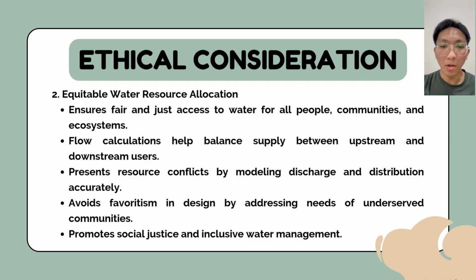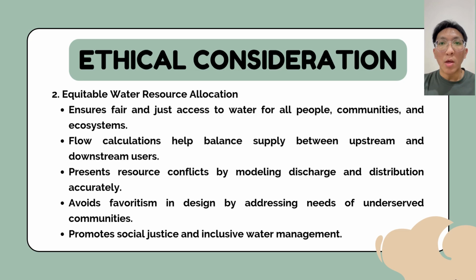To achieve this, engineers and planners use flow calculation to help balance water supply between upstream and downstream users. This ensures that no single group dominates the resource. By accurately modeling discharge and distribution, we can prevent resource conflicts and promote cooperation among users.